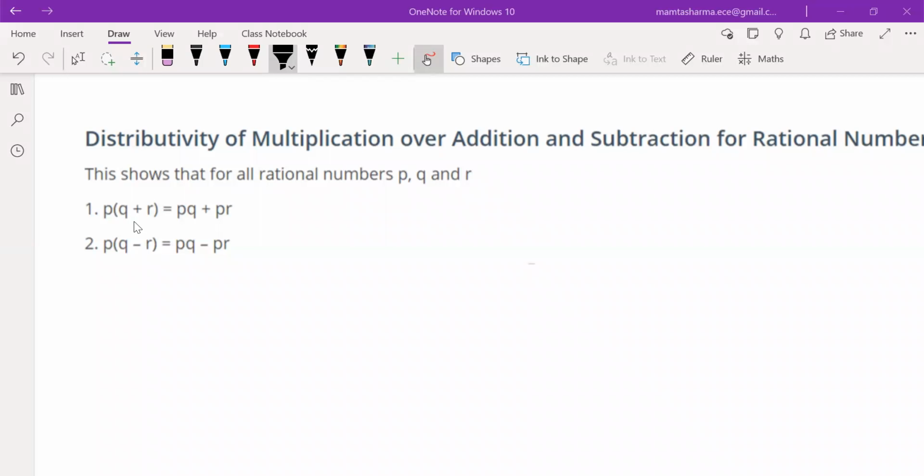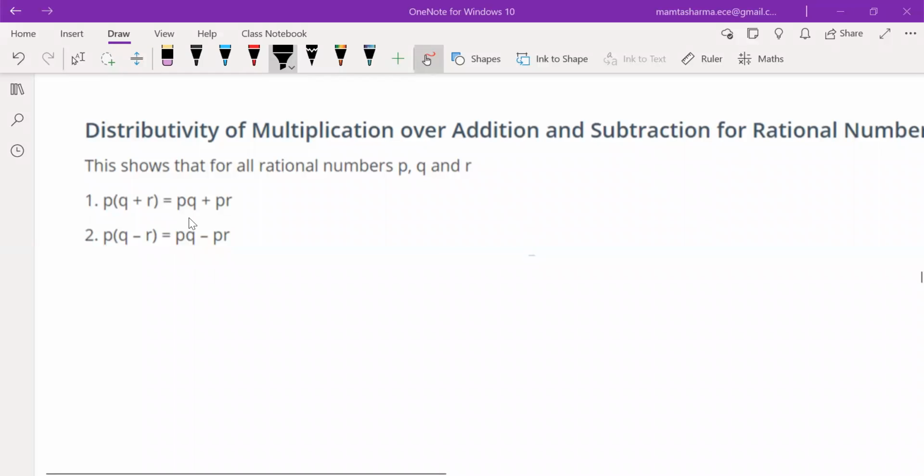The first one is the distributivity of multiplication over addition, and the second is the distributivity of multiplication over subtraction. Here it is written in brackets; you can open these brackets and write it in multiplication form. This is the property of distributivity. Clear?